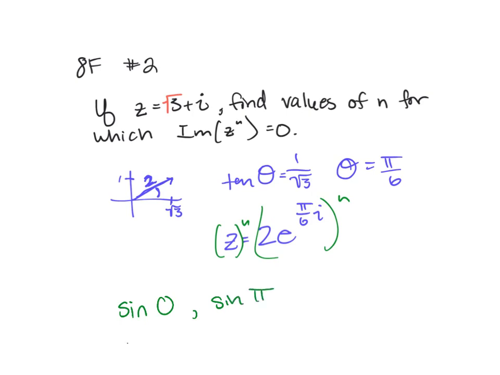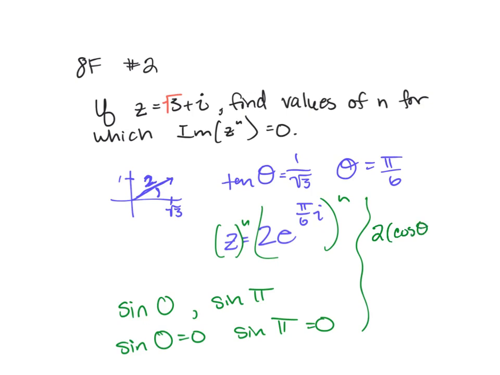And the reason you want that is that the sine of 0 is equal to 0 and the sine of pi is equal to 0. Oh, and I should probably explain the sine bit, sorry. That would be helpful, right? Because if you then converted this back into polar form, you'd have 2 cosine of theta plus i sine of theta.